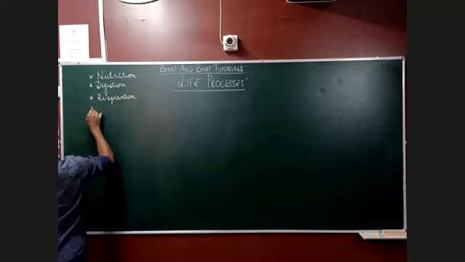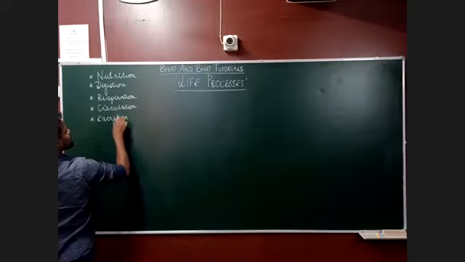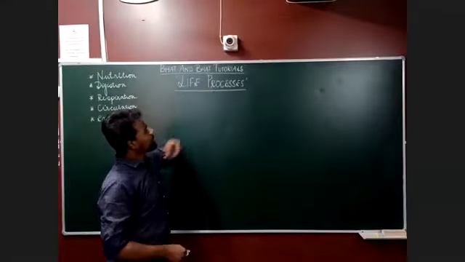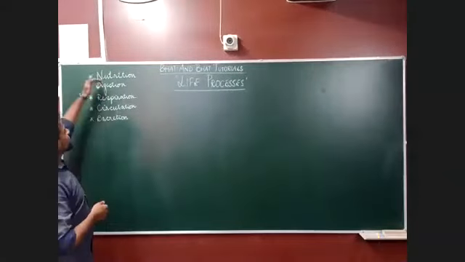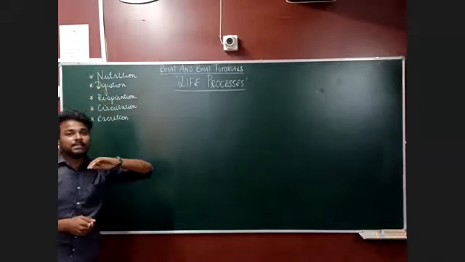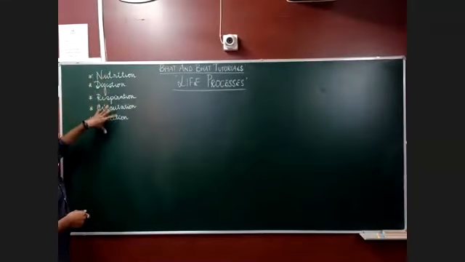Fourth one, it is circulation. And fifth one, it is excretion. So now, when I say this terminology called life processes, why do I need to study nutrition, digestion, respiration, circulation, and excretion? These are the 5 main factors.